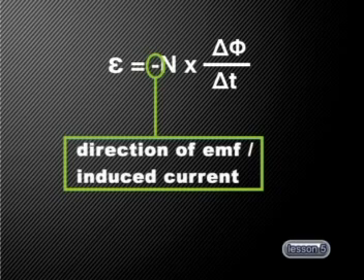I also want you to notice that there is a negative sign in front of the N. This negative sign indicates the direction of the EMF and of the induced current. From this equation, we can say that the induced EMF or current has the opposite sign compared to the rate of change in magnetic flux.